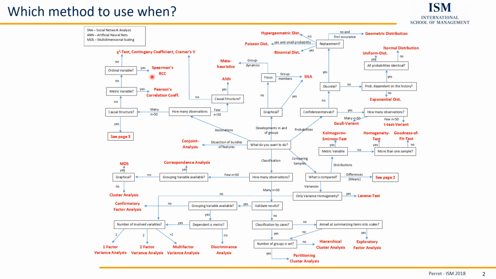If yes, then go with Spearman's rank correlation. And if no, so if you only have a nominally scaled variable, then go again with chi-squared, Cramer's V, contingency coefficient. So that's like the fallback solution whenever you do not have enough observations, or if you have a very limited scale level. So chi-squared works in quite a lot of situations.